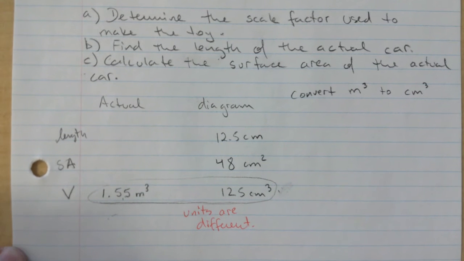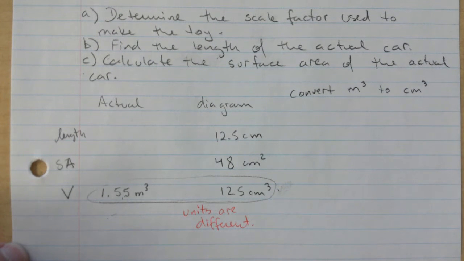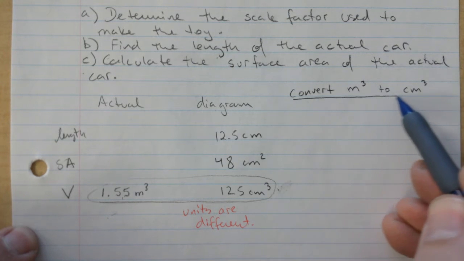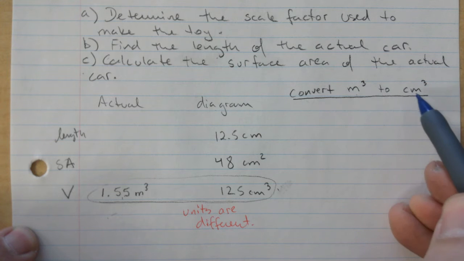Because it's COVID season, I would not do this on a test where I make you convert on top. I would just have a separate conversion question, right? But this is like two birds, one stone kind of thing. So I'm going to convert from cubic meters to cubic centimeters.